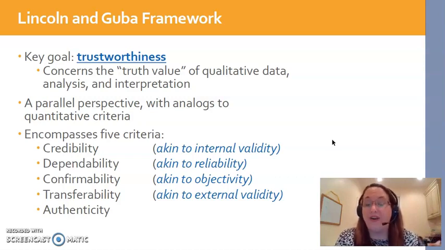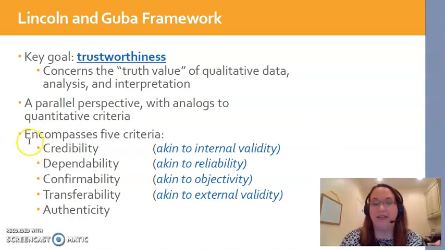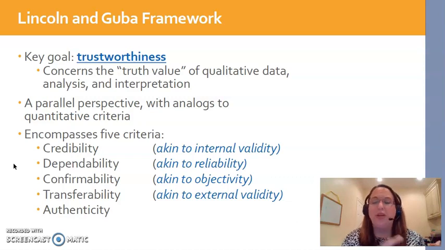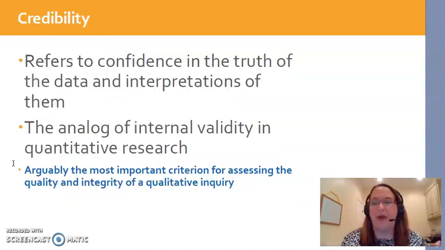There are really 5 criteria in the Lincoln and Guba framework, as you see here on the slide. 4 of the 5 have a mirror image in quantitative research. So we're going to talk about each one of these individually, and I'll explain each one and how they relate to quantitative as well.